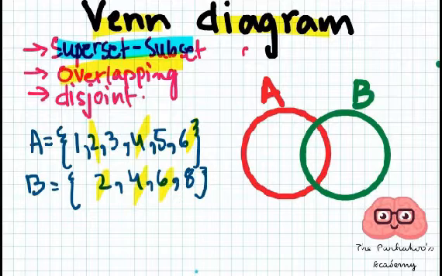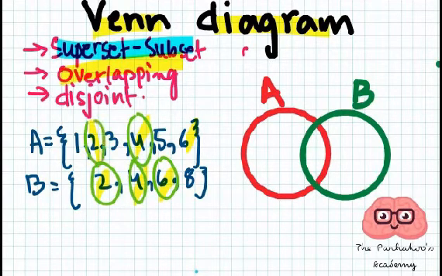Now why have I made it this way? Because there would be a few elements which would be in both of them: 2, 4, 6, these are in both of them. So we are going to write the common or shared elements here, in this part, so that they represent both the sets. So let's write it: 2, 4, 6.